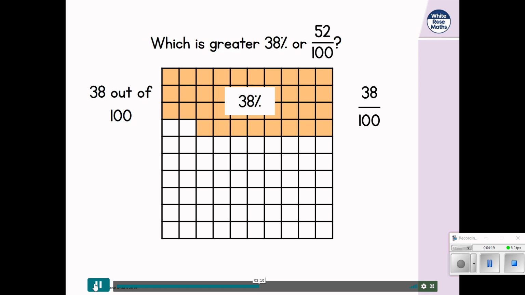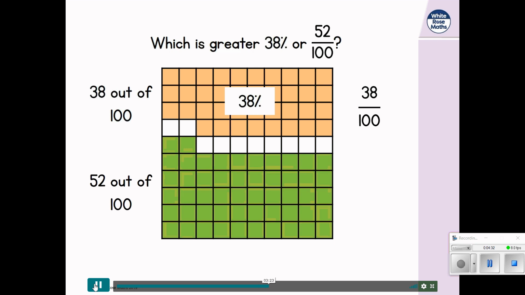Now, let's represent 52 hundredths in our 100 square. How many squares will we need to shade in? That's right, 52. This is 52 out of 100, which is the same as 52 hundredths. This is 52%. Now we can compare them.